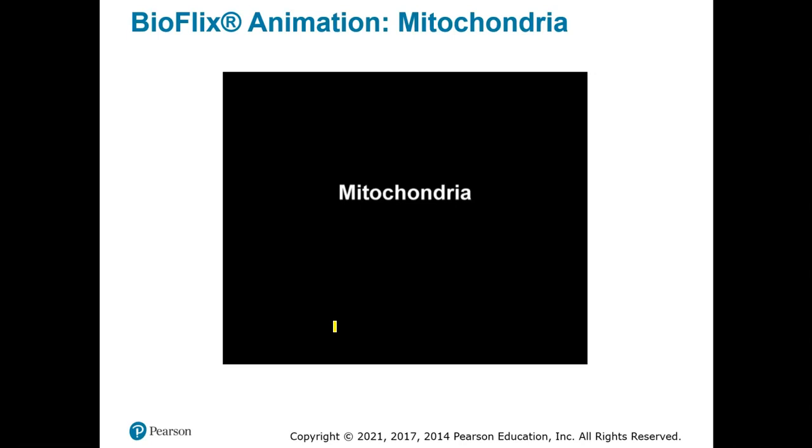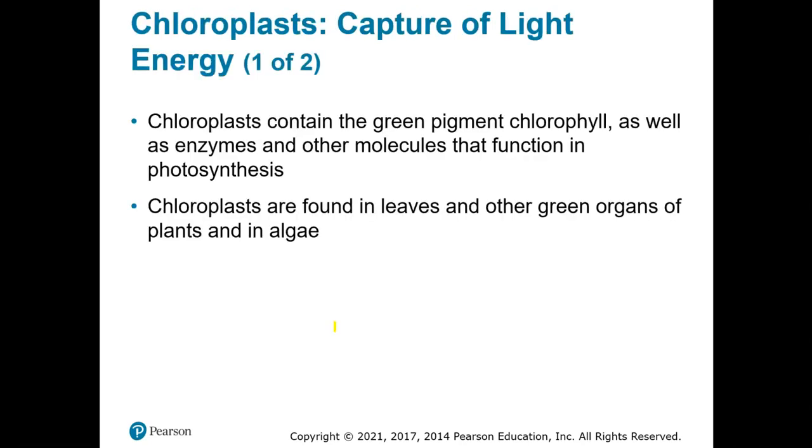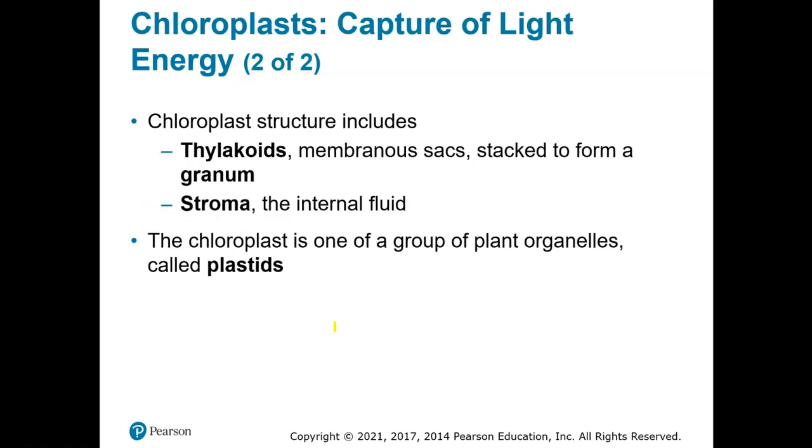There's an animation on the mitochondria in section 6.5, and there's a little bit of information about chloroplast and how they carry out photosynthesis. Chloroplasts have structures inside them called thylakoids, which contain the green pigment chlorophyll, and the stroma, which is the fluid outside the thylakoids.